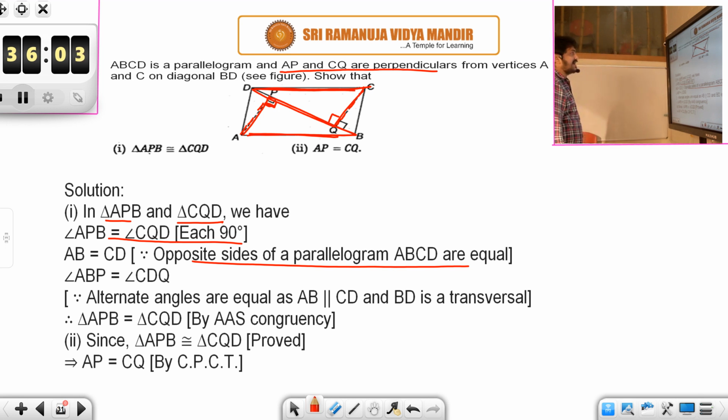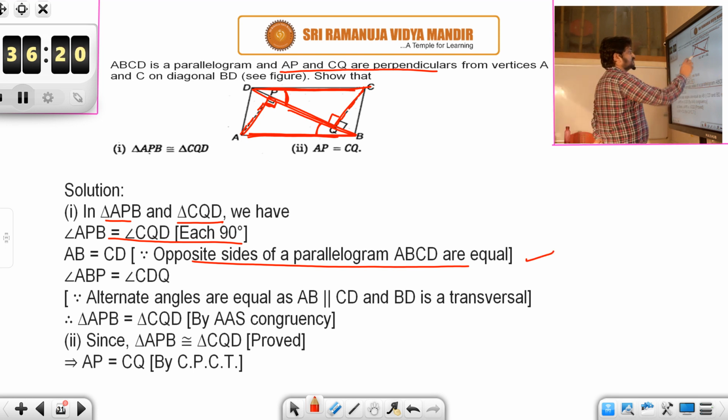And then angle ABP, this angle is equal to this angle. Why? Because diagonals bisect each other and we know that opposite angles in a parallelogram are equal. Opposite sides of a parallelogram are equal, right? So, AB is equal to CD and angle ABP will be equal.